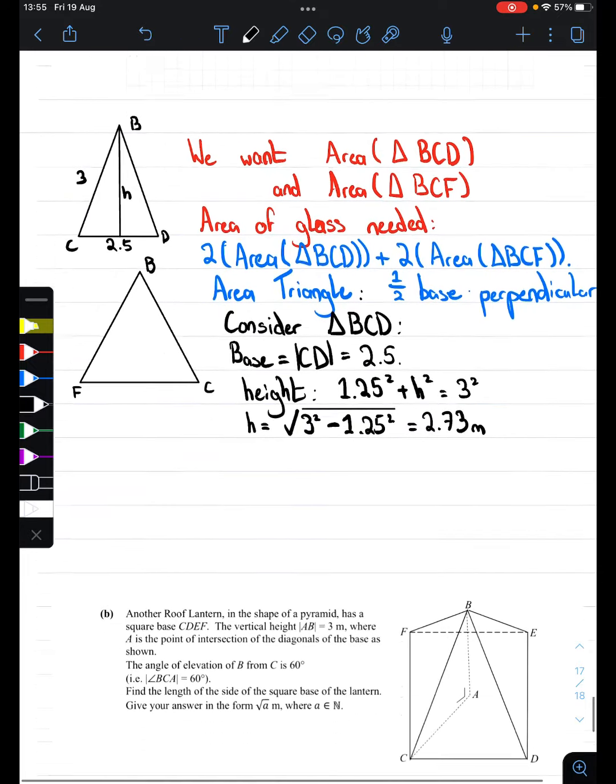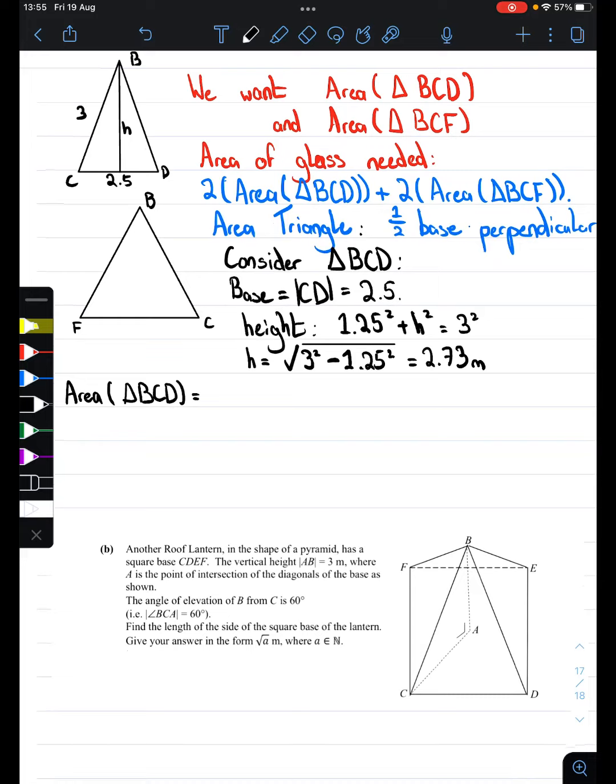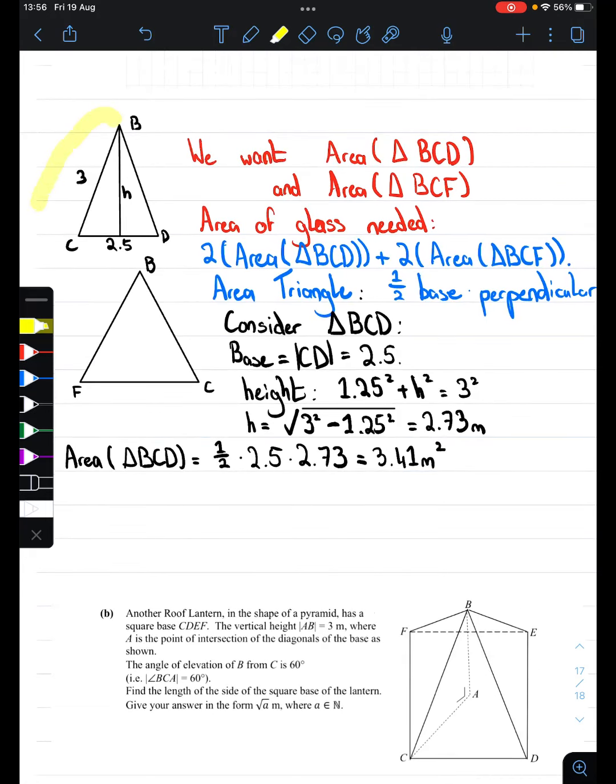And so now we can find the area of BCD. The area of the top triangle is half times 2.5 times the perpendicular height, which is 3.41 meters squared. So that's the area of the top triangle here.